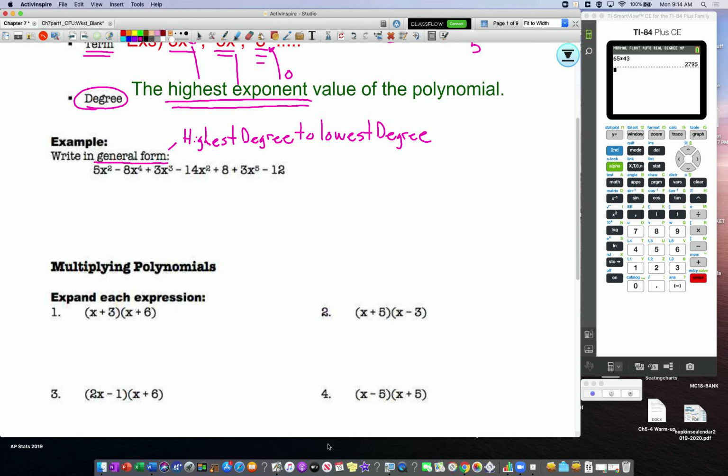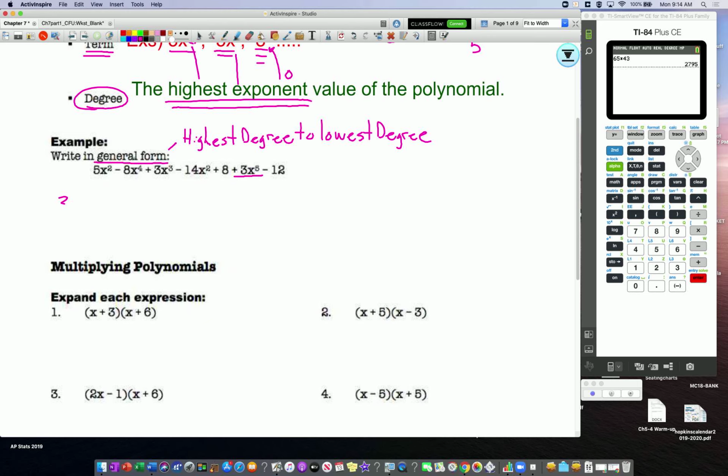So if you look at this, we got a lot of terms. We got degree 2, 4, 3, another 2, 0, 5, and 0. When simplifying this, we also like to combine like terms. So I'm going to start with the highest degree. That was the degree 5.